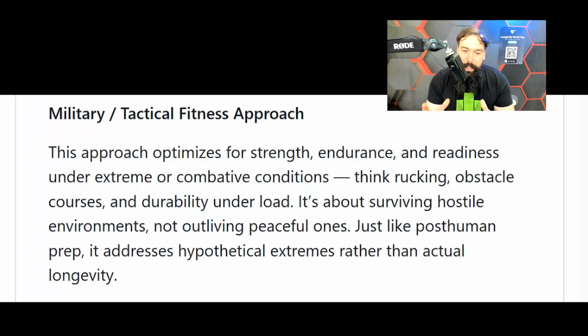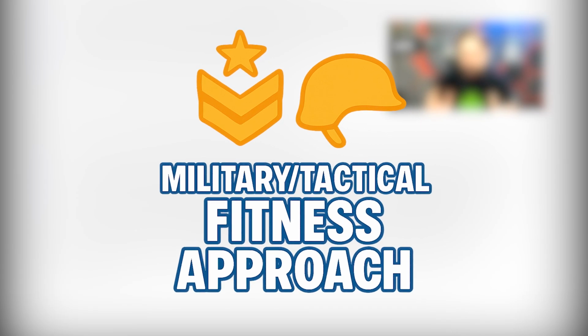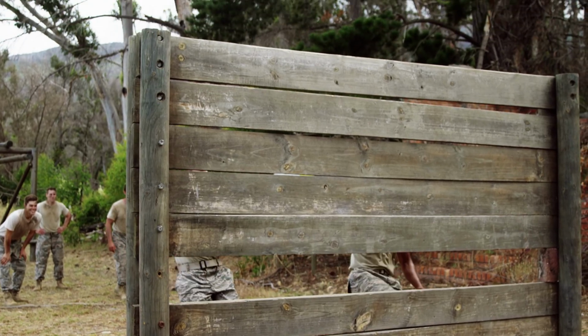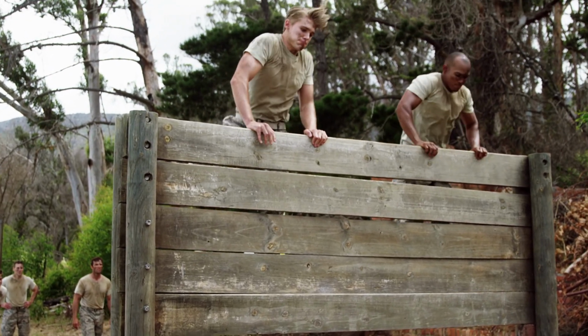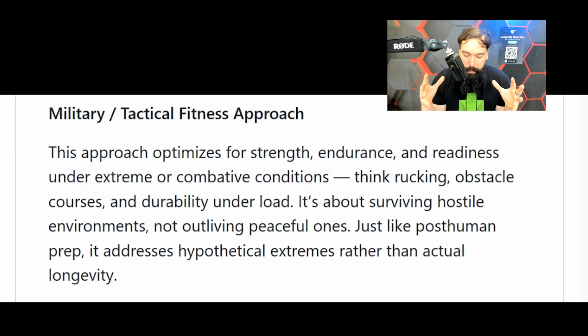A very similar argument can be made for the military and tactical fitness approach. So, of course, we could exercise for bad times, but again, we have to narrow the scope here. We assume that we are going to live in a civilized world while we are doing this exercise, and hopefully never have to protect ourselves from a knife attacker.